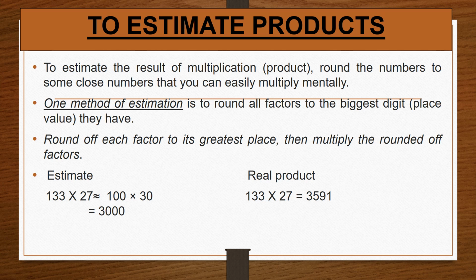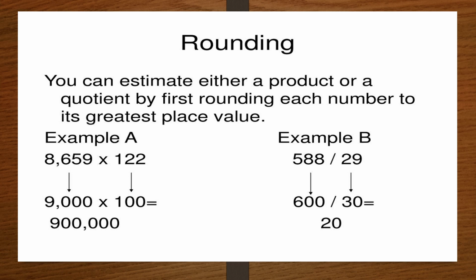So the product is 3000. Also you can see that the real product is 3591. So this way you can estimate a product. Some more examples to estimate product.